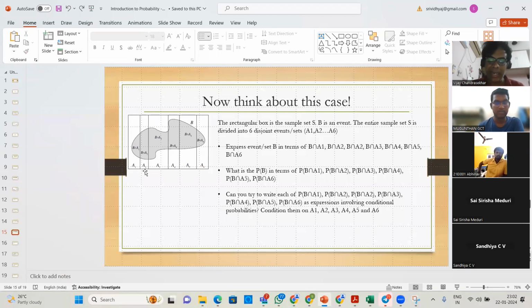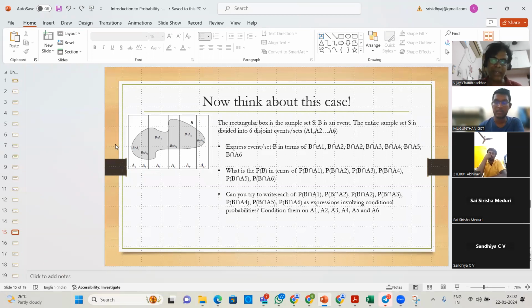What are we doing here? I get an A such that the sum of A is the sample set, right? I mean, rather, I get some disjoint events called A1, A2, A3, A4, A5, A6, such that everything put together is the sample set.